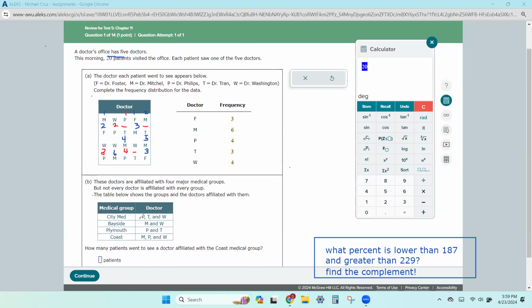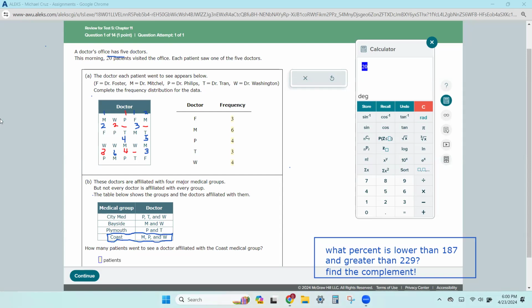So City Med, PTW, Bayside, MW, Plymouth, PT, Coast, MP, and W. So how many patients went to see a doctor affiliated with Coast? So Coast is right here. All right.